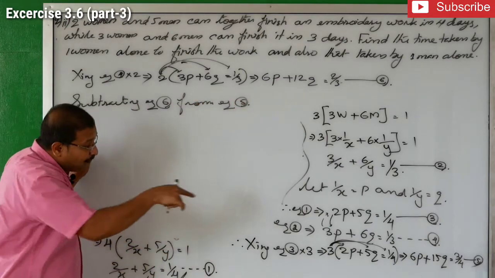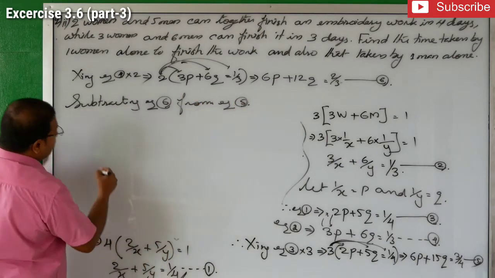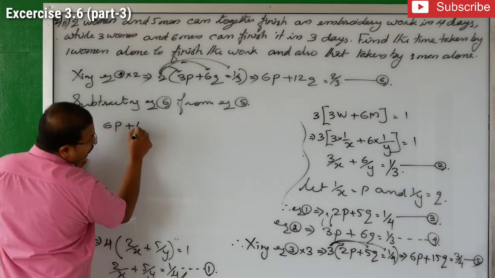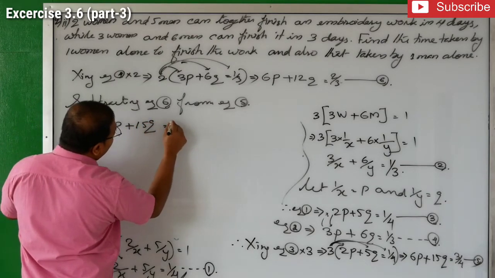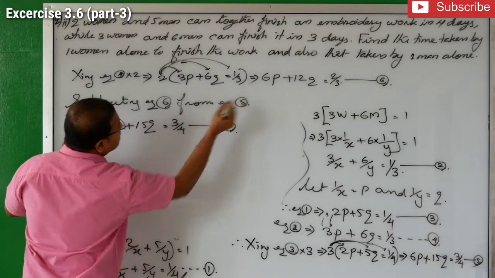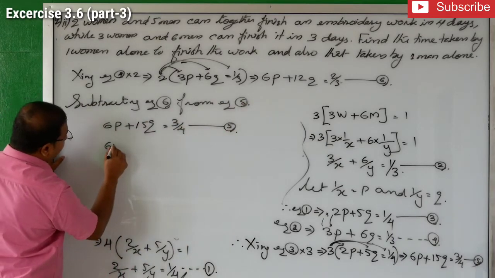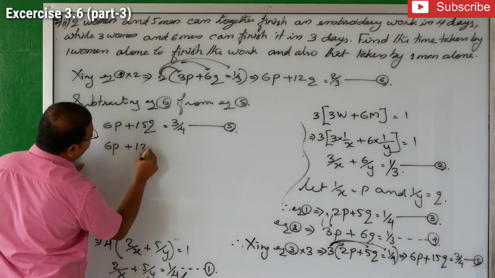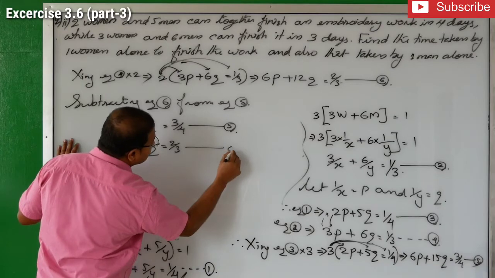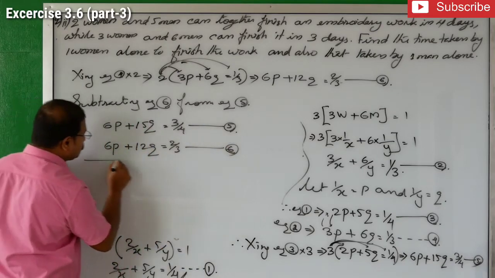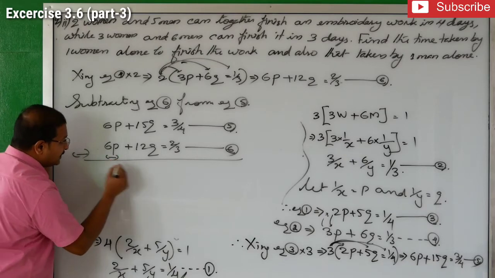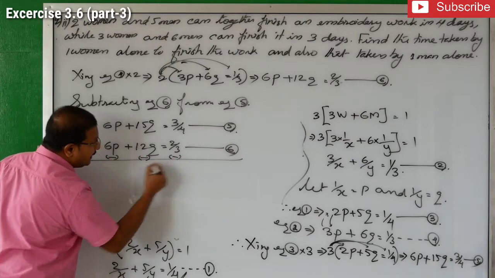The fifth equation is 6p plus 15q equals 3 by 4. And the sixth equation is 6p plus 12q equals 2 by 3. Now we will subtract. When you subtract, the signs here will become minus, minus, minus.